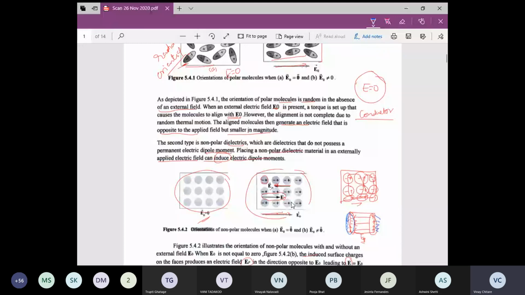This is the case where you have uniform dipole orientation. These charges are not free to move as they are in the conductor case, so they are called bound charges.